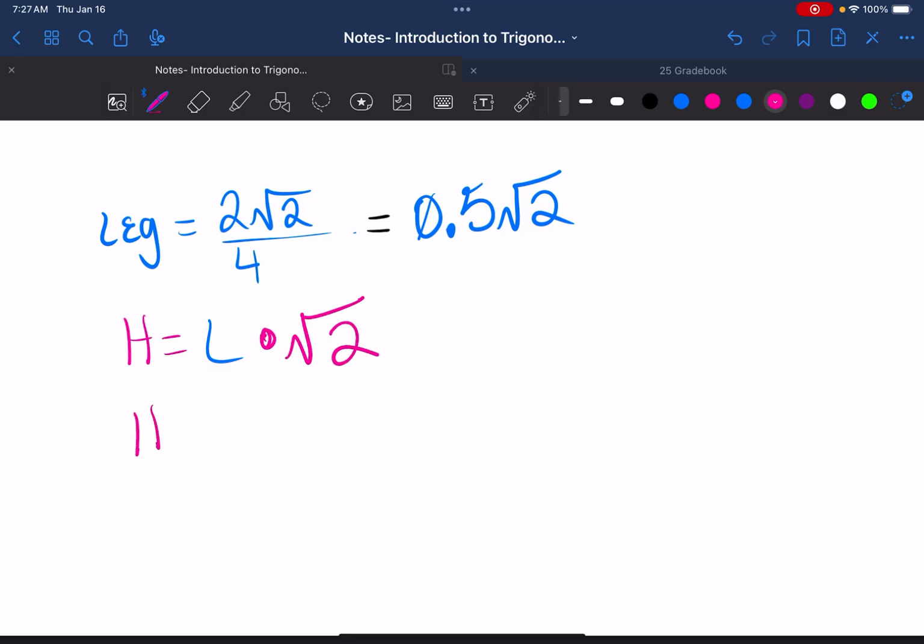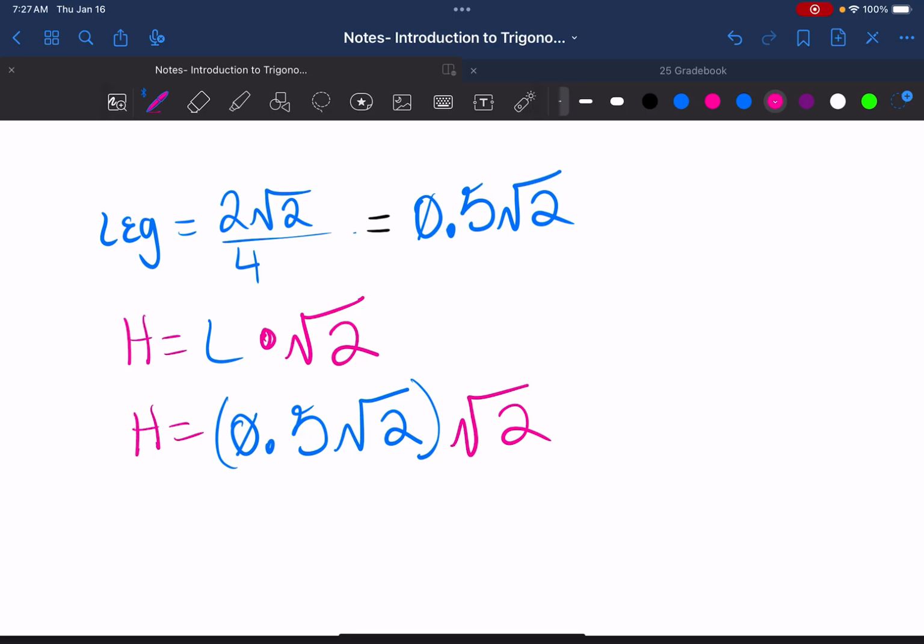So we're going to be hypotenuse equals 0.5 square root 2 times square root 2. We can look right here and multiply those together, the square root 2 and the square root 2.